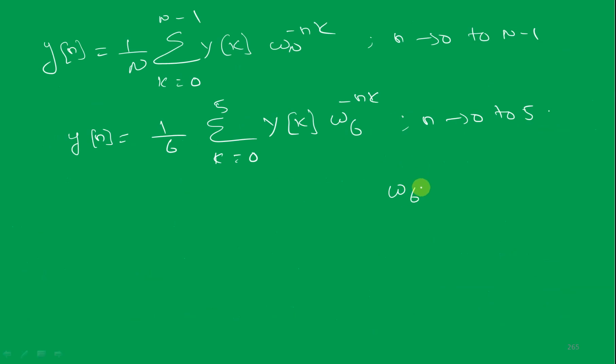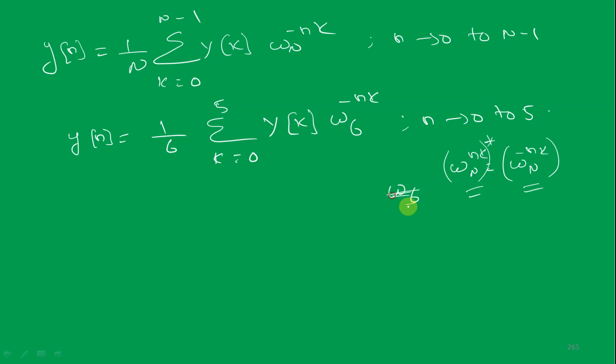So very simple: W_N power minus nk is obtained by complex conjugation of W_N power nk. Take the W_N power nk values, do the complex conjugation, and you get the W_N power minus nk values.